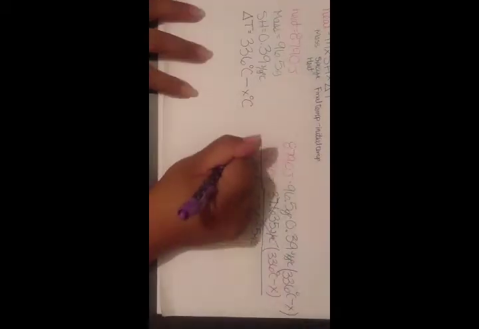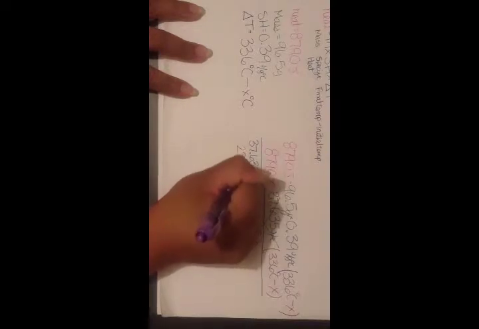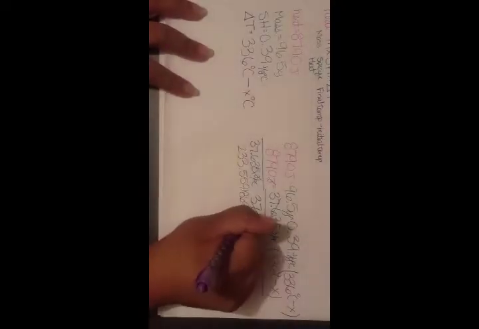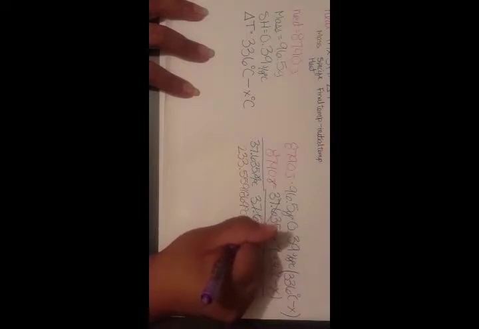Okay, so the answer to our solution here is going to be 233.5591869 degrees Celsius. Crazy number, huh? But that's what our calculator is giving us. So that's what we're going to put in there for now.